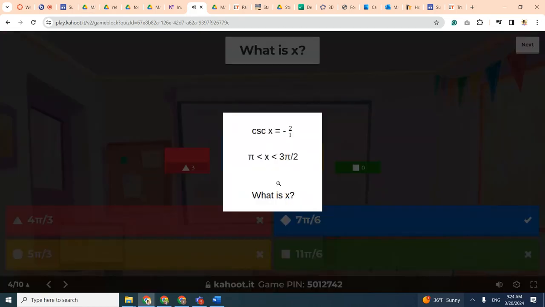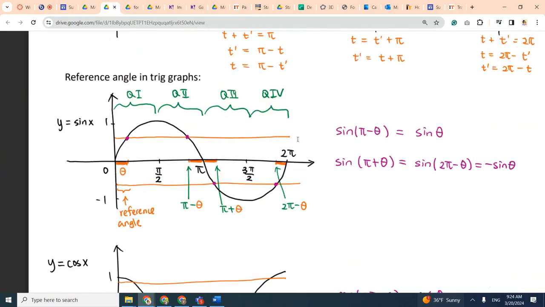So y. Okay, cosecant is negative 2. What's the reciprocal of cosecant? Sine. So sine is negative 1/2. Look at the sine graph. Negative 1/2, it's like here, right? And then you look at the corresponding x values in quadrant 3, right, everybody?